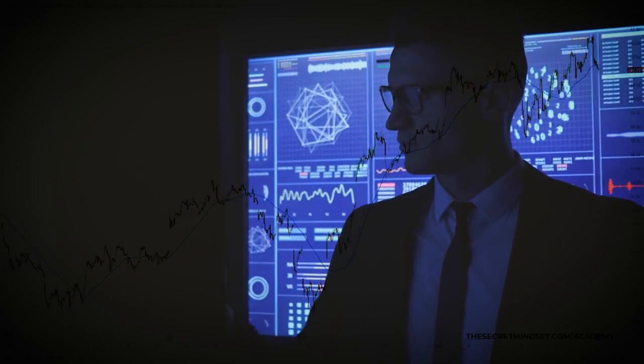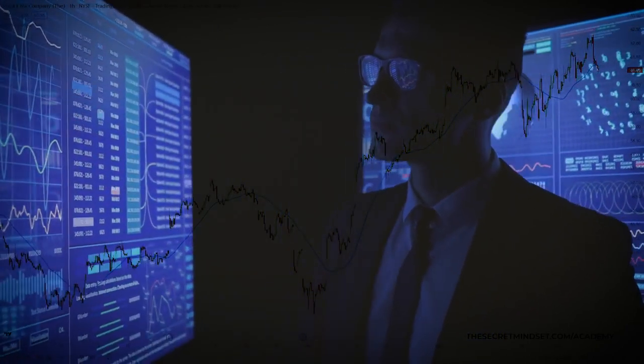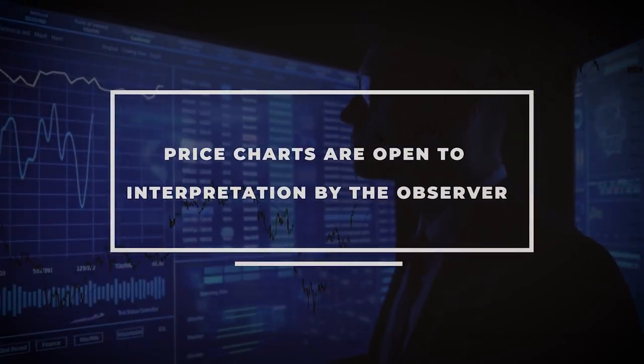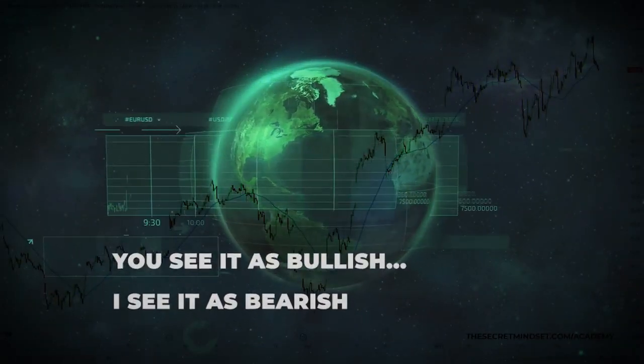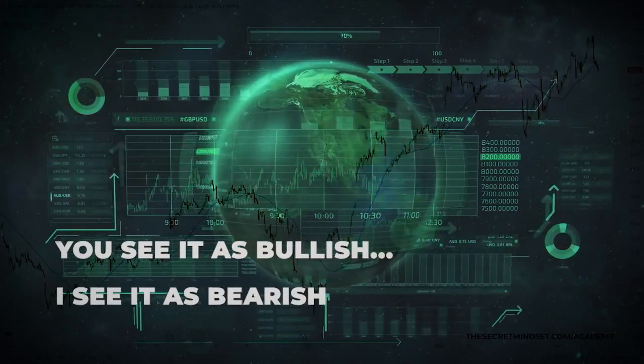Many people tried and are still trying to quantify technical analysis and turn it into a science. But the reality is that price charts are open to interpretation by the observer. One technical analyst will think a particular pattern is bullish, while the other will see it as bearish.